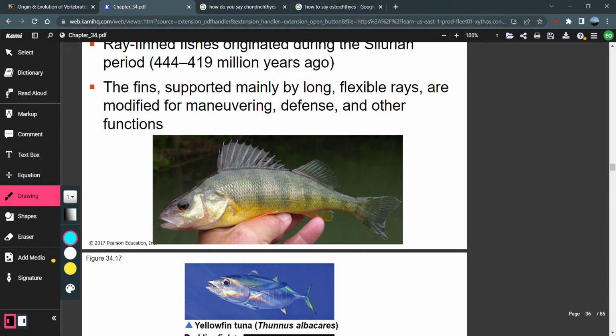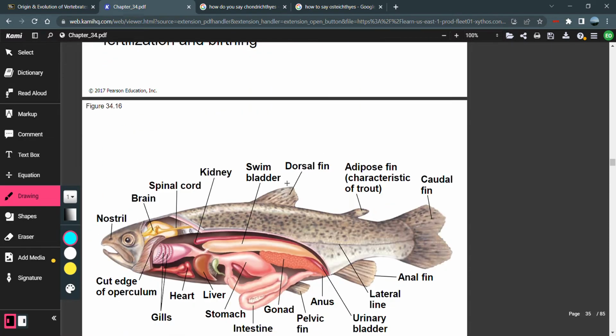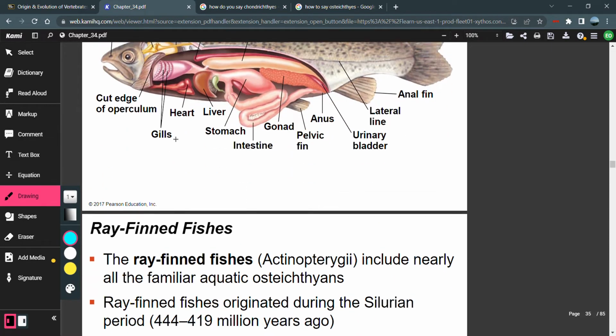Keep that in mind in case you are tested: lungs formed a swim bladder, which is used for buoyancy.